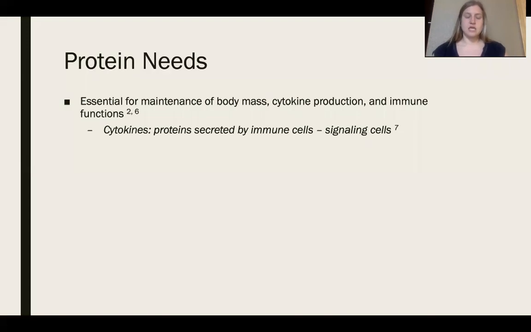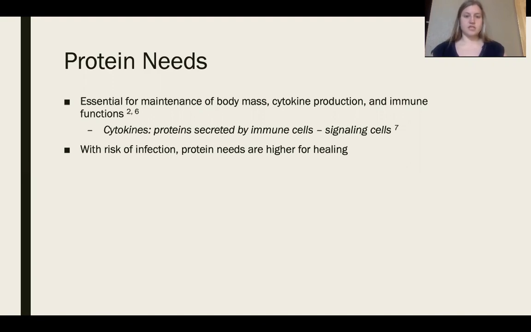With protein, as you may know, it's essential for the maintenance of body mass and cytokine production, so that would be like your different types of immune systems. So cytokines are the proteins that are secreted by immune cells, which act as the signaling cells when there is an infection.